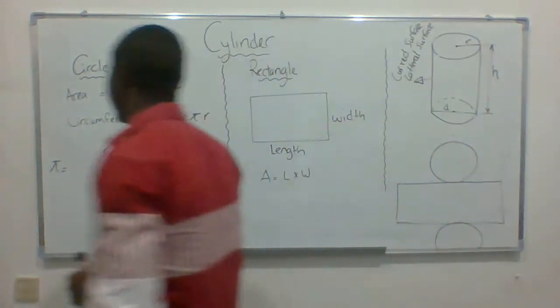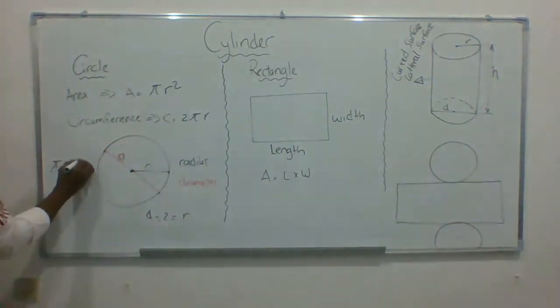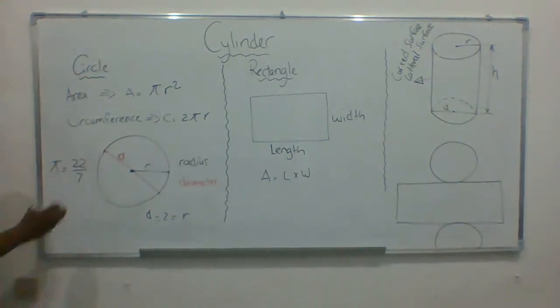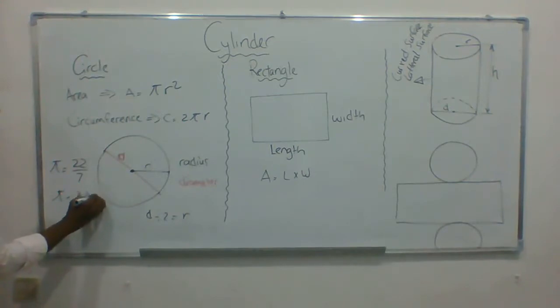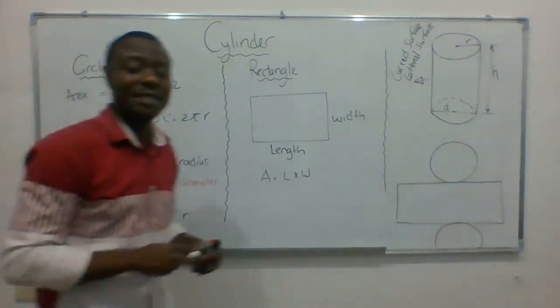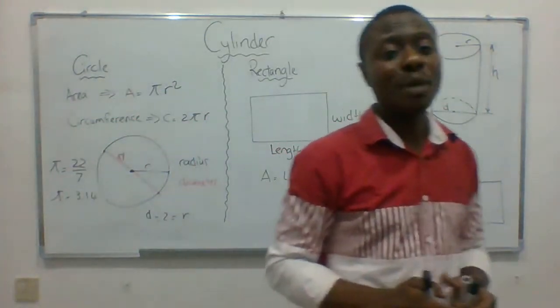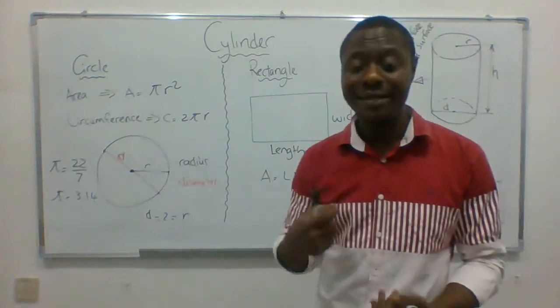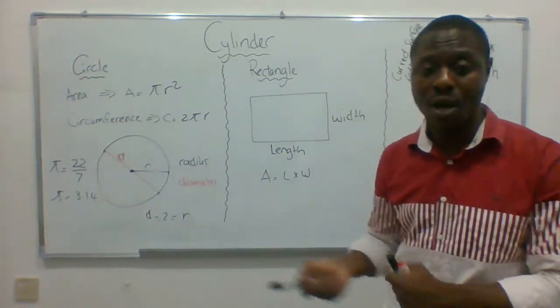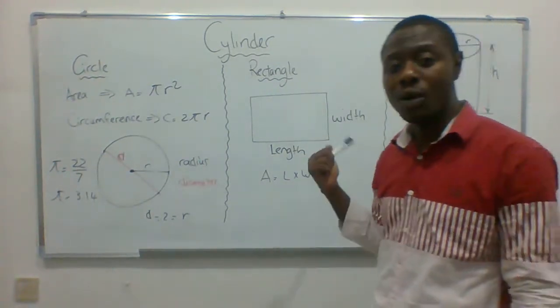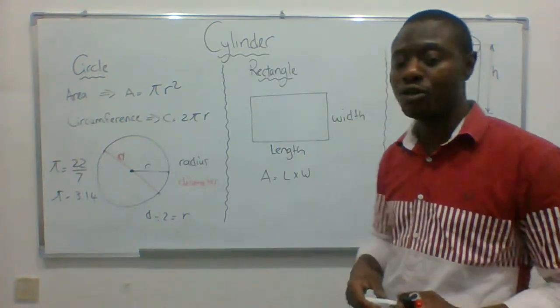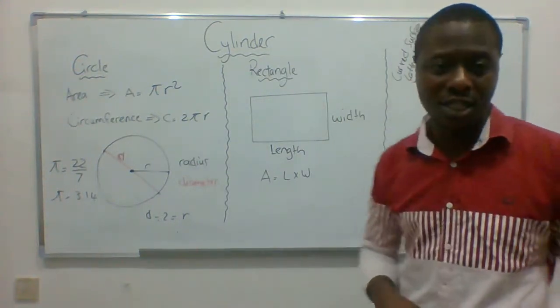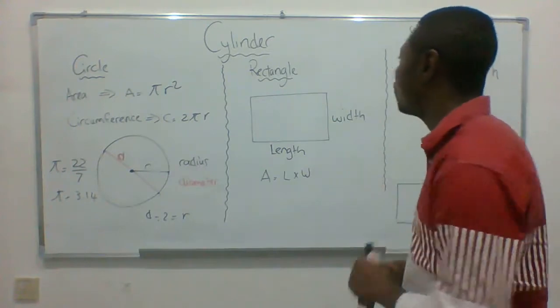But pi is the quotient of 22/7, or pi is simply equal to 3.14. You need to keep this number and memorize it. You will need it to calculate the area of the circle. But as we're working with the cylinder, you will need to use it to find the area of the cylinder. Good. So let's move on to the second part.